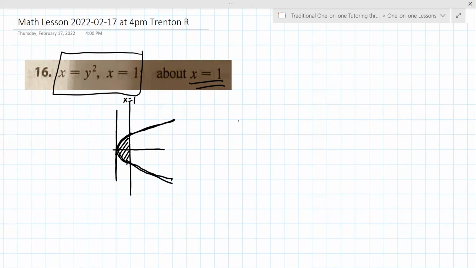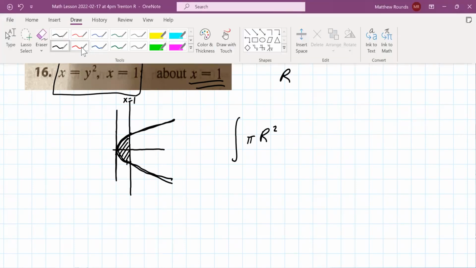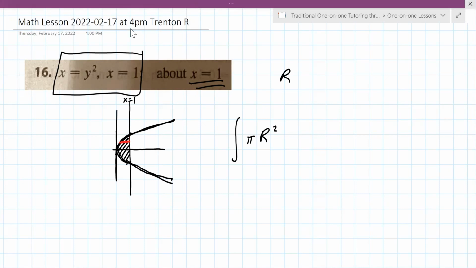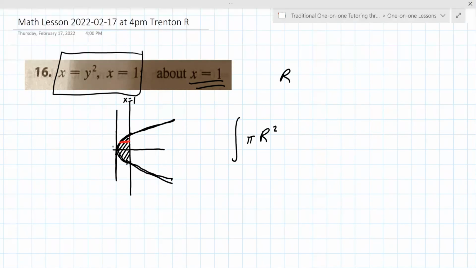So it's the integral pi r squared, and big R in this case is the distance from the line to the curve. Okay, but do you see how there's like a little gap there, because the function actually gives you this green part.